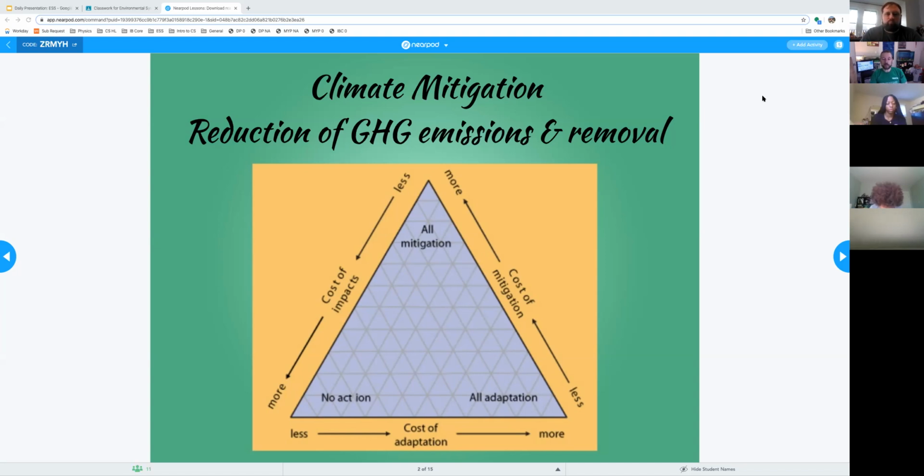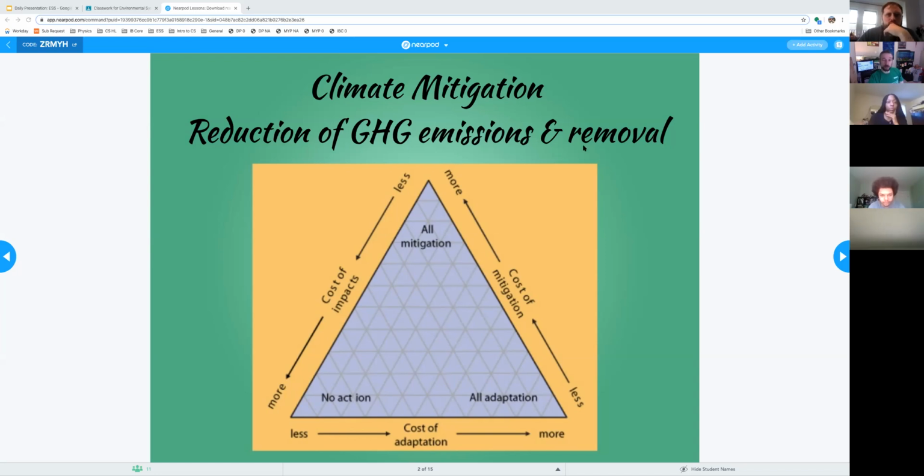As far as mitigation tactics are concerned, this is a really interesting triangle to take a look at and get your head around. What we see here is that if we do mitigation over adaptation, and we'll get into what adaptation is in just a few moments, but if we do climate mitigation, where we're reducing everything, that is going to cost a lot. That costs a lot to reduce greenhouse gas emissions because we're talking about using alternative sources of fuels.